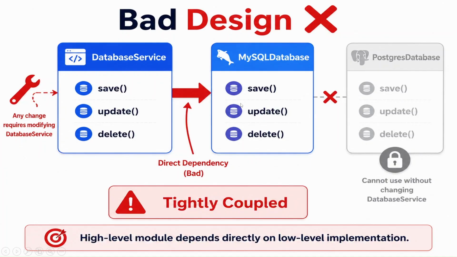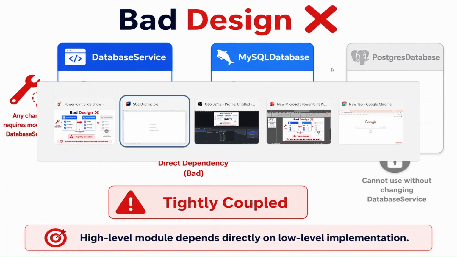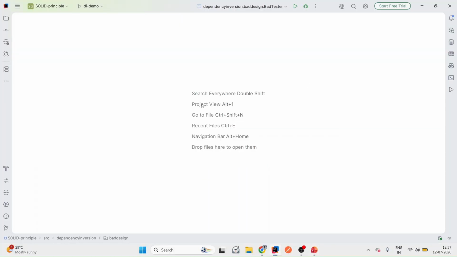Here we have three classes. First, DatabaseService, and then two classes: one is MySQL and another one is Postgres. Let's see the bad example in our IDE.